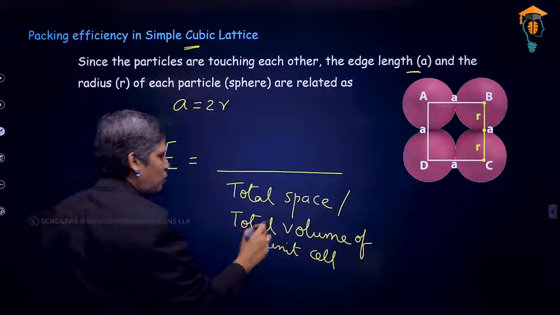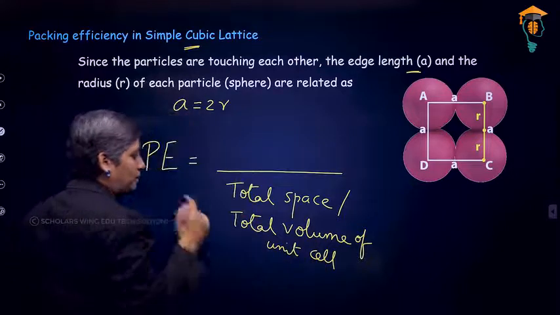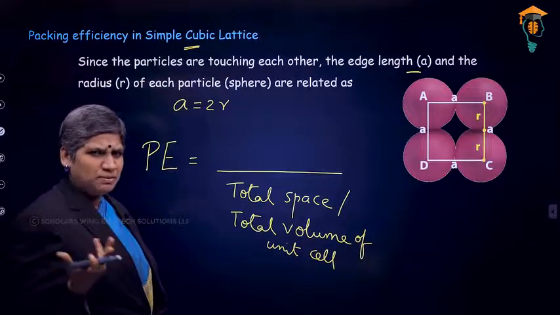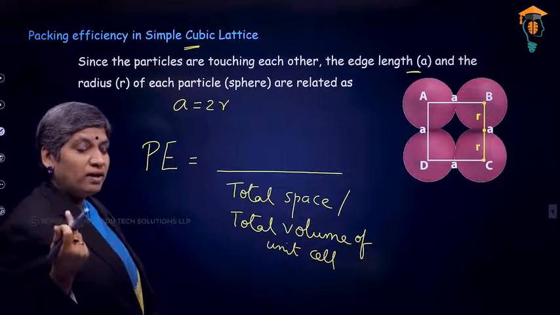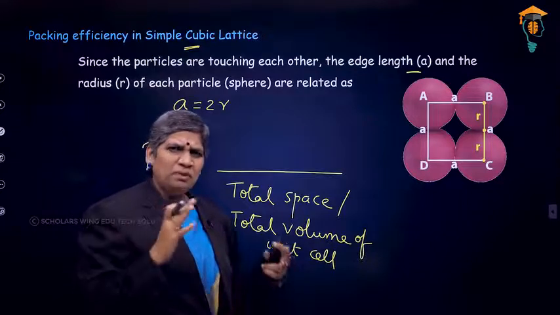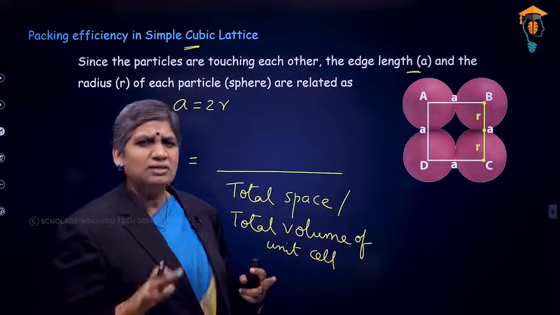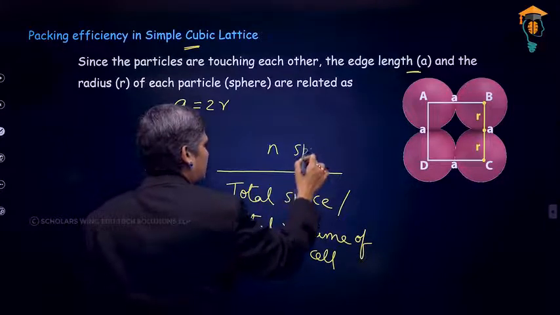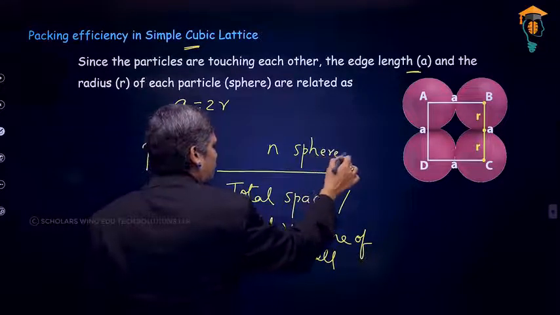So total volume of the unit cell actually available. Out of that, what volume or what space is filled? Space means volume. Volume of, filled I said. Filled by what? Filled by the spheres. Some number of spheres will be filled, isn't it? So let us call this n spheres. So let us say n spheres are filled or occupied.